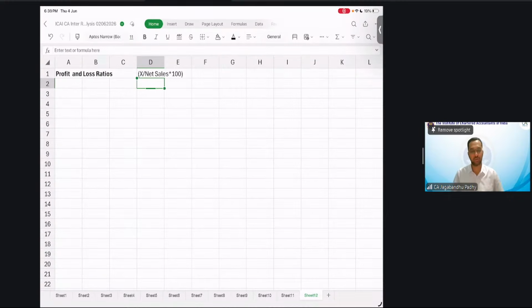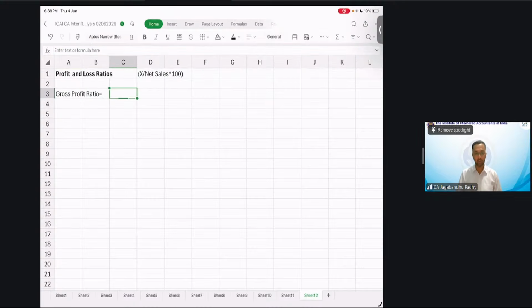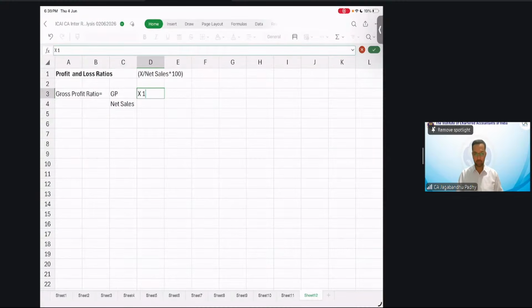So profit and loss ratios will comprise of X upon net sales into 100. That's your P&L ratio. So if you want, let's say, gross profit ratio. Gross profit ratio will be what? Gross profit upon net sales multiplied by 100.